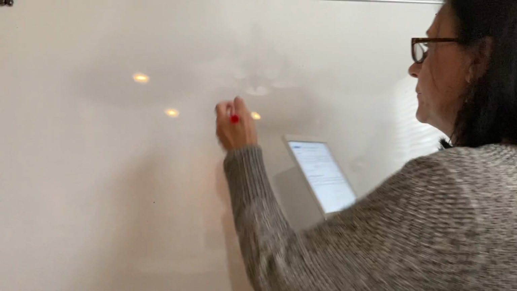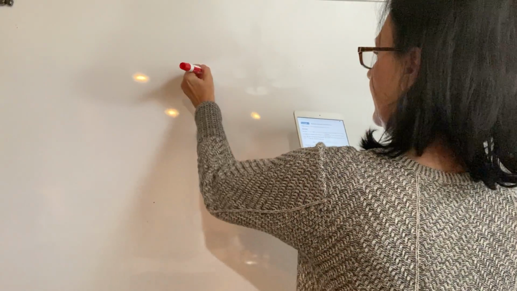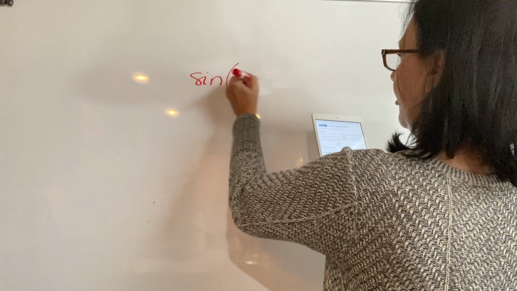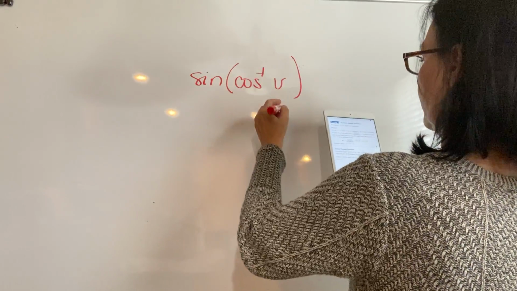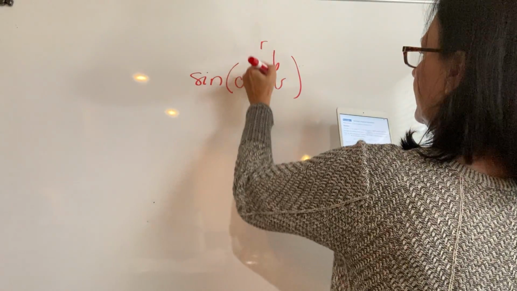This is a continuation of Chapter 8, Lesson 2, and I'm on page 534, Example 4. It's the sine of the inverse cosine. And when you have a v, that is your ratio.